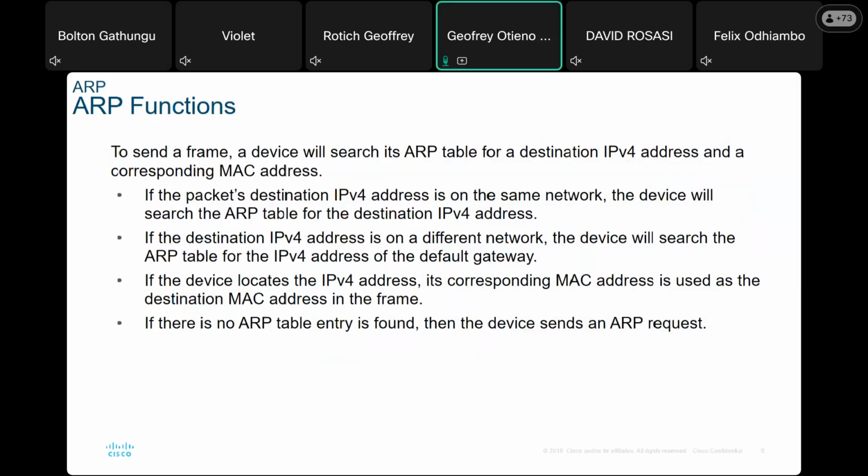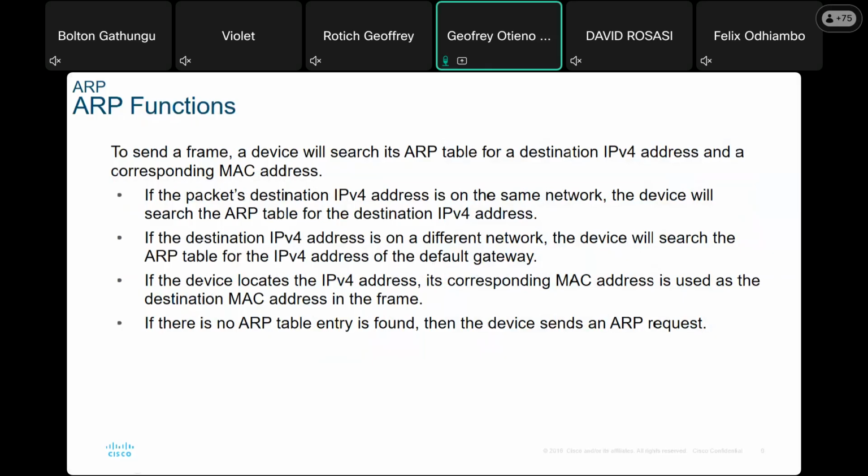If it is on a different network, which device are we targeting? For example, if we are on the same network, as you can see, PC1 is communicating with PC2 on the same network, or PC3 or PC4, whichever are the PCs.